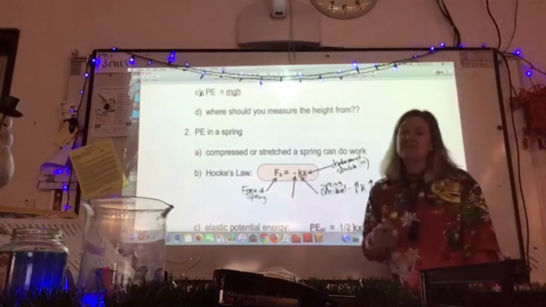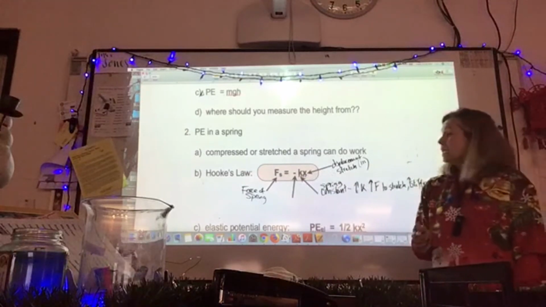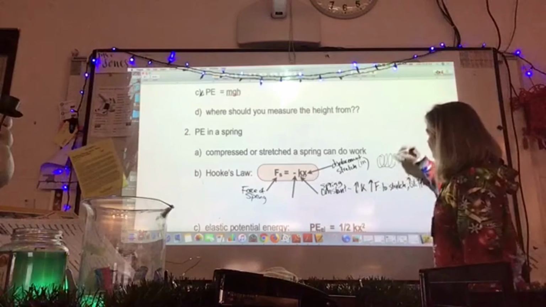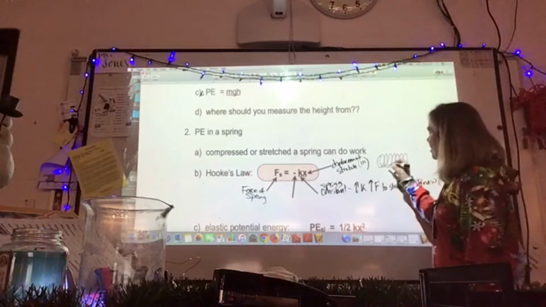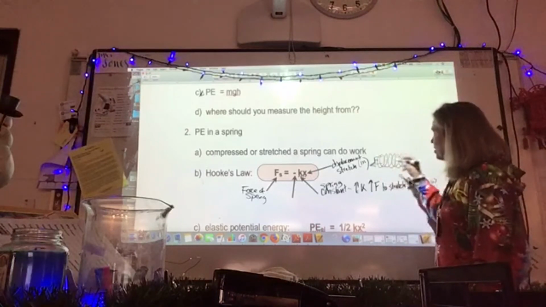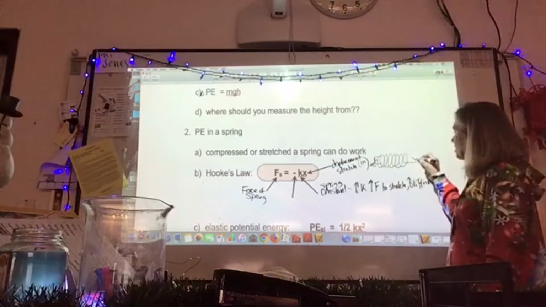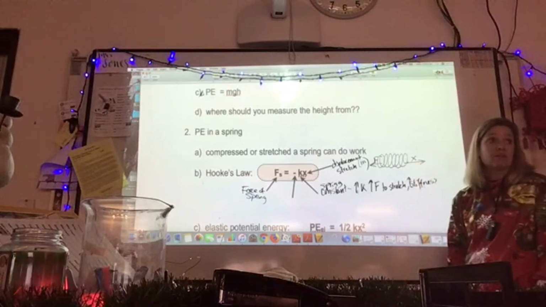Why is there a negative sign there? This is annoying. Is it because you compress the spring? No, it's because the spring is pulling this way, but you are pulling, displacing the spring this way.